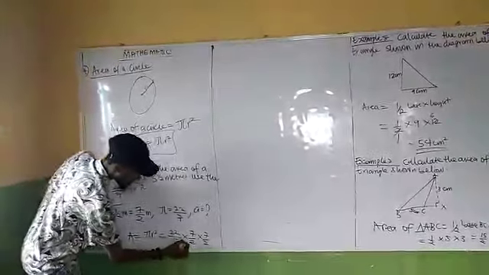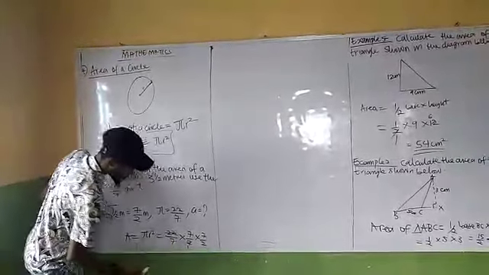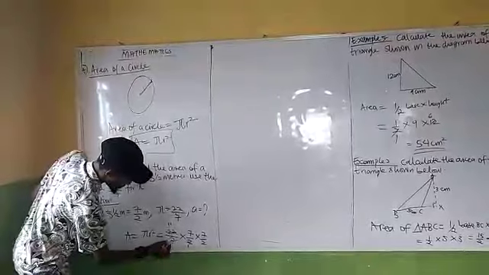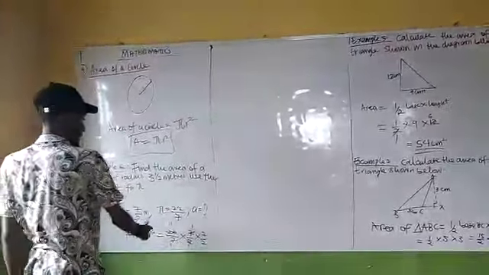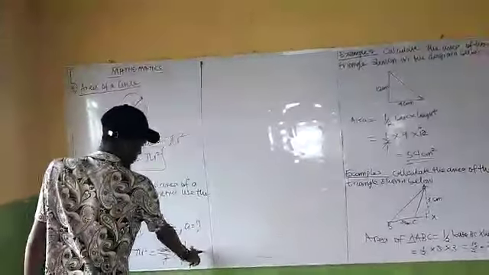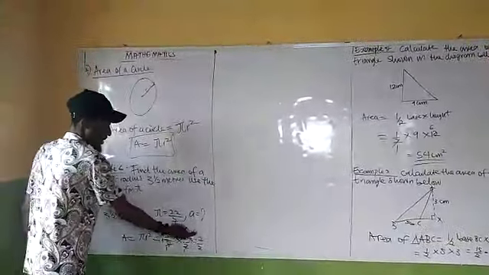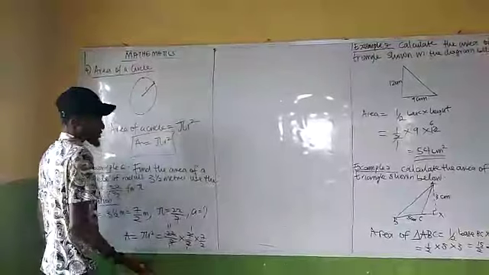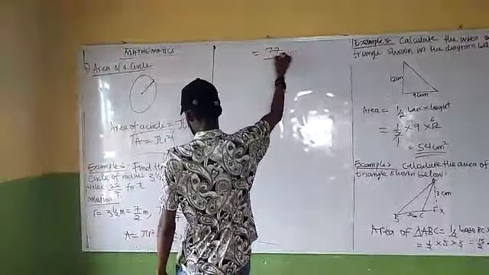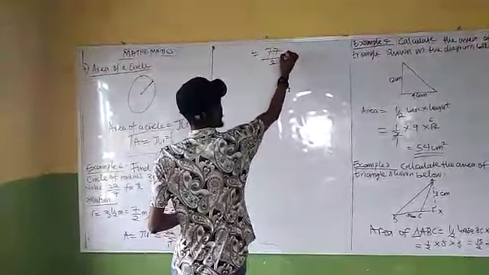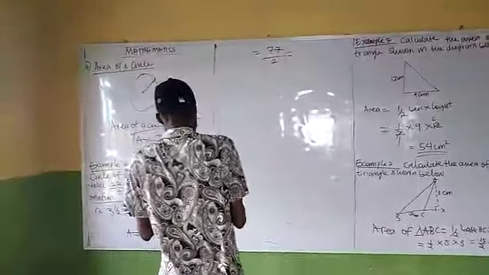In this case, 2 into 22 is 11, and 7 over 7 is 1. So you have 11 multiplied by 1 giving 11, and 11 multiplied by 7 giving 77. So you have 77 divided by 2.